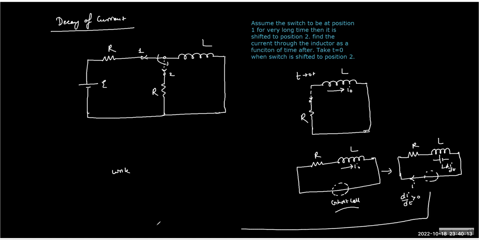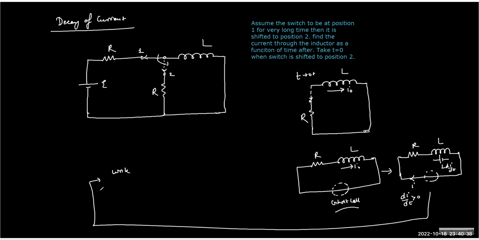But isn't the inductor at the moment trying to maintain the current as it is? But the air drag is there, the resistance. It will dissipate the energy. It's like you have kinetic energy half m v squared, but your energy is taken away by the resistor.